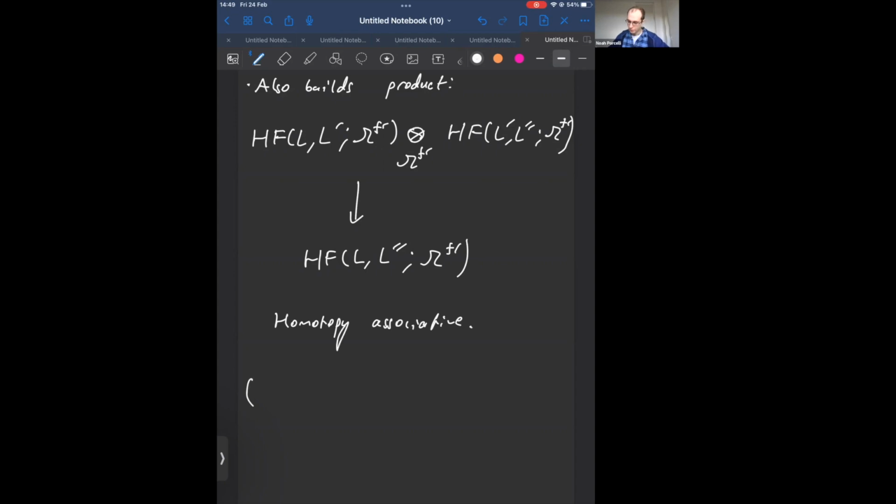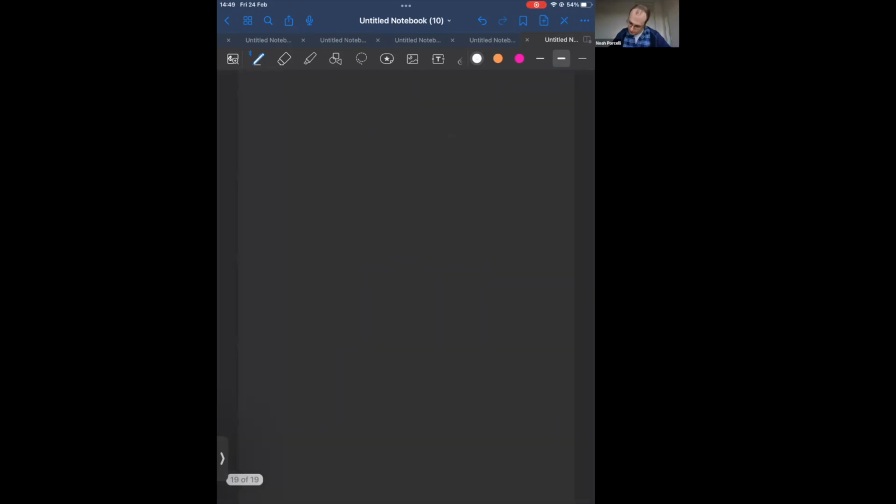So what this amounts to is essentially he's built a spectral Donaldson-Fukaya category. So the construction can be quite complicated along the way, but we can at least understand it in some examples.